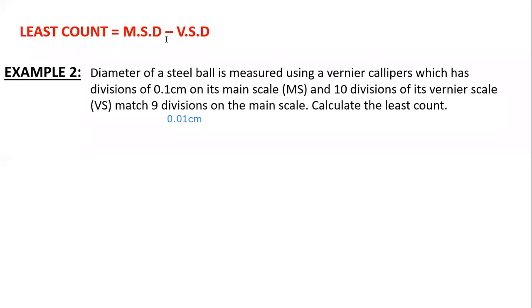Sir, by using the formula, smallest scale on the main scale upon number of divisions on the vernier scale, we can do 0.1 upon 10. So it will be 0.01 centimeter. You're sure that will be applicable all the time? Sir, this time it is applicable.